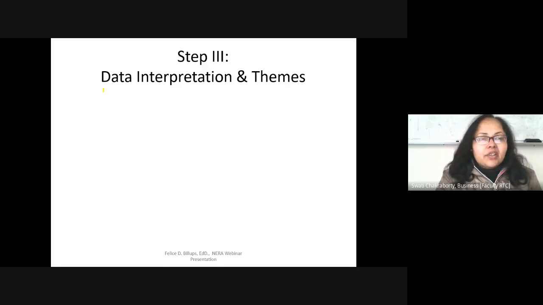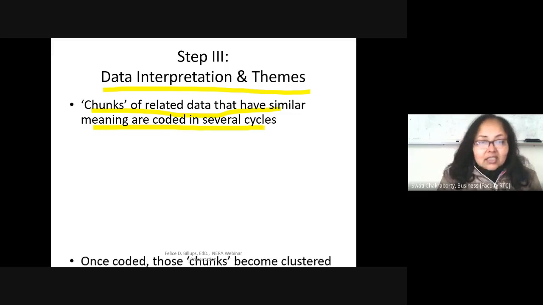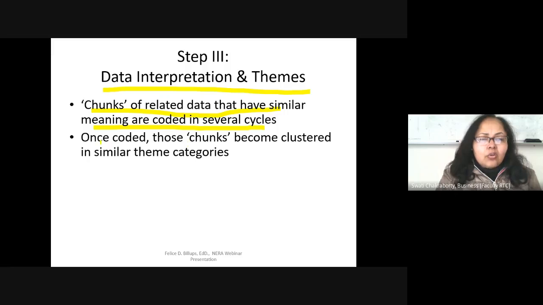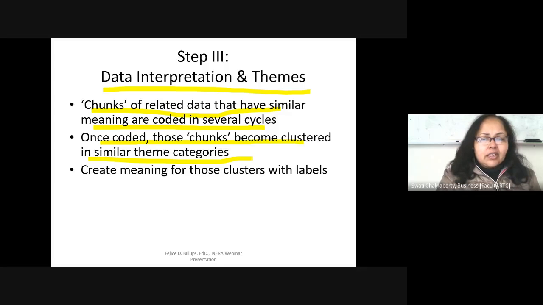Step three is data interpretation and themes. Chunks of related data that have similar meanings are coded in several cycles. And once coded, these chunks become clustered in similar theme categories. You are putting them into similar categories, and creating meaning for those clusters with labels.